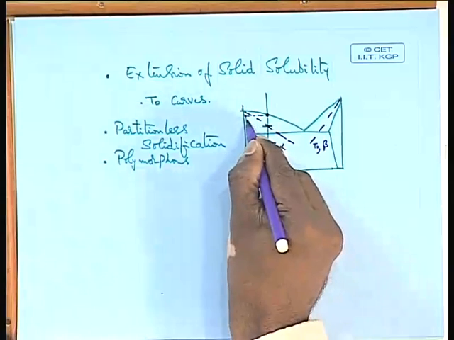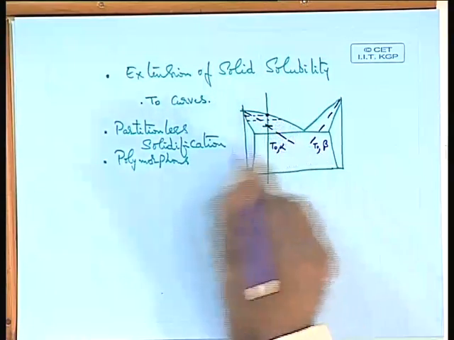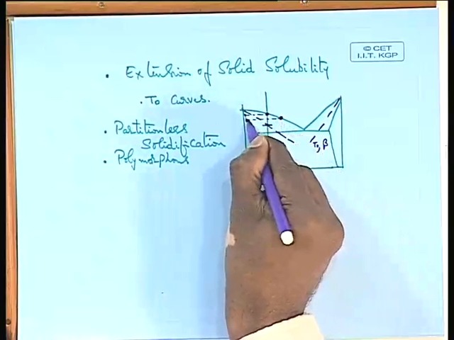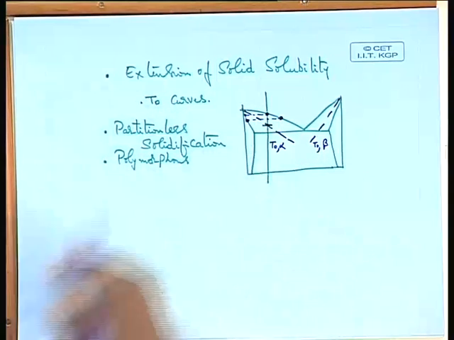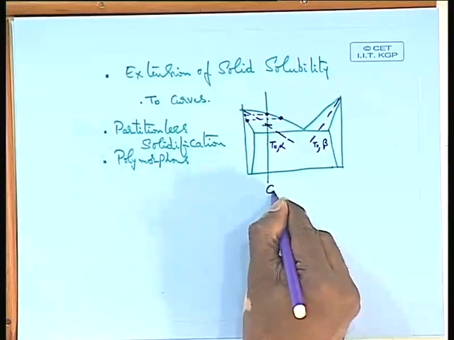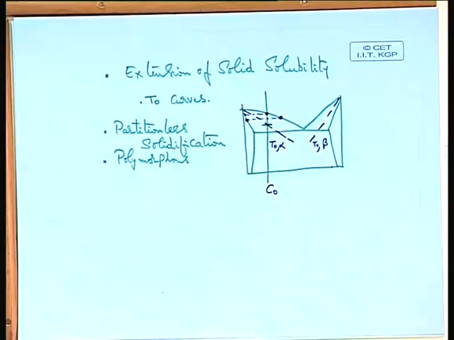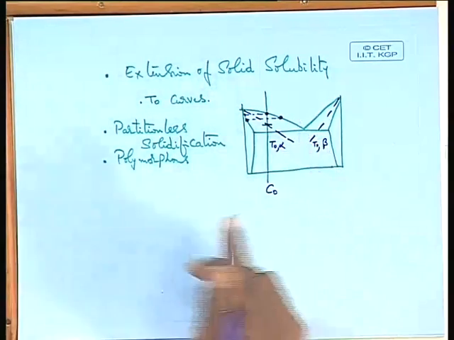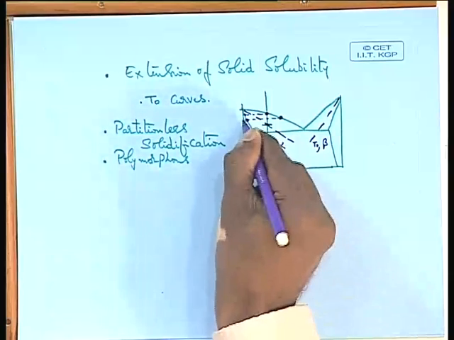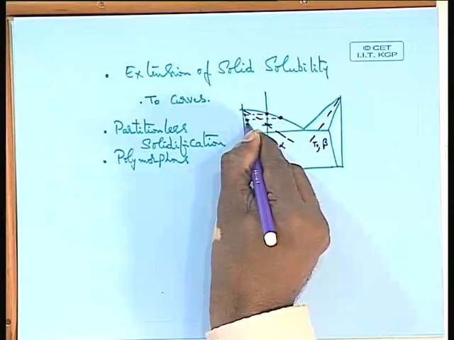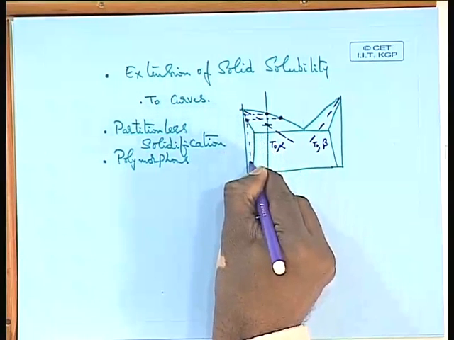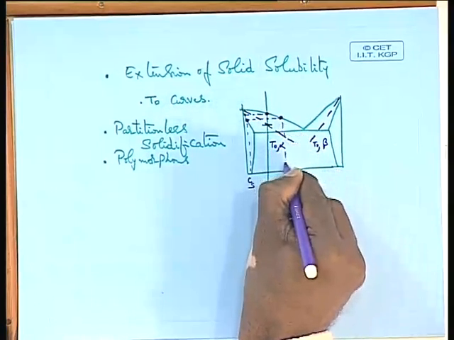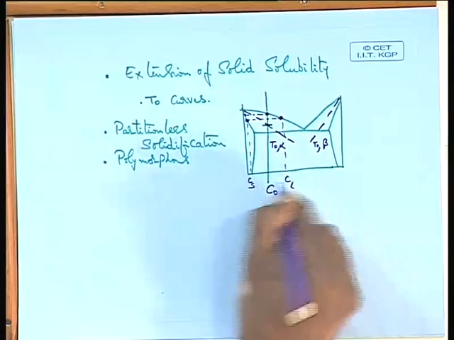And if you come to a lower temperature like this, now liquid will have this composition, solid will have this composition. The solute, if you call this C0, gets partitioned between the liquid and solid. Solid will have CS composition, and this composition is called CL.